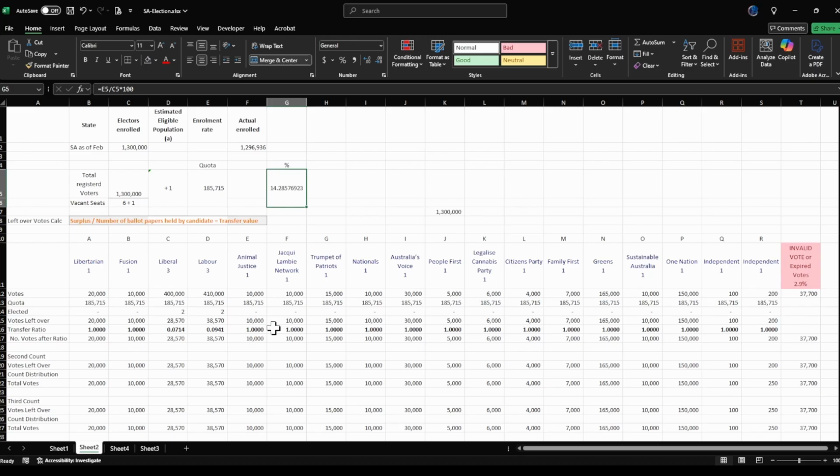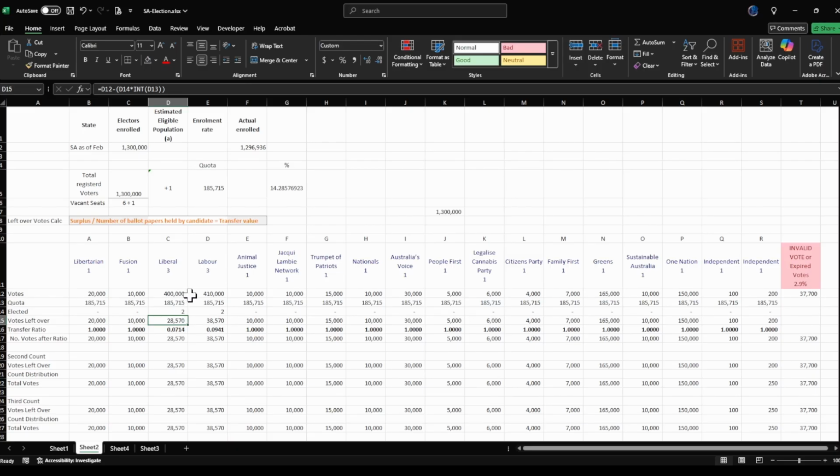With this though, these votes that are left over, 28,000 here, they can't determine exactly which one of these votes should be transferred to somebody else, which we will make happen in a little while.